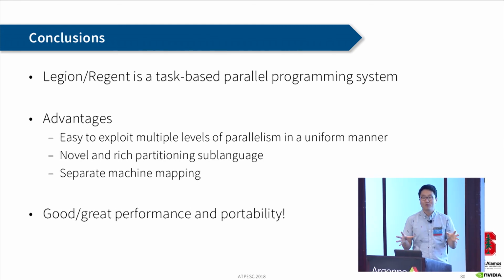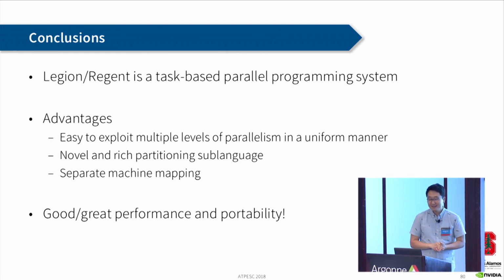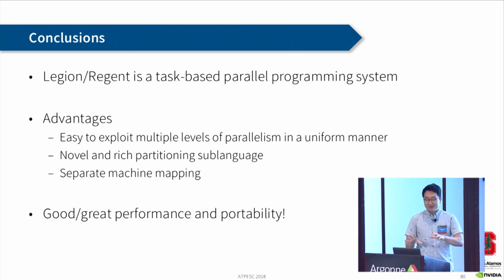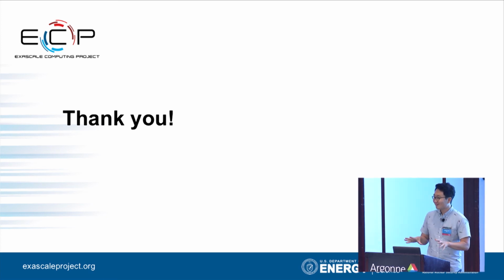And you don't have to worry about the different kinds of parallelism available in the underlying hardware because they are insulated by the programming model. And for doing so, we provide a rich set of partitioning primitives, which unfortunately I couldn't cover. And we also decouple the description of a program from the actual mapping of the tasks to achieve good performance portability. Okay? Thank you.